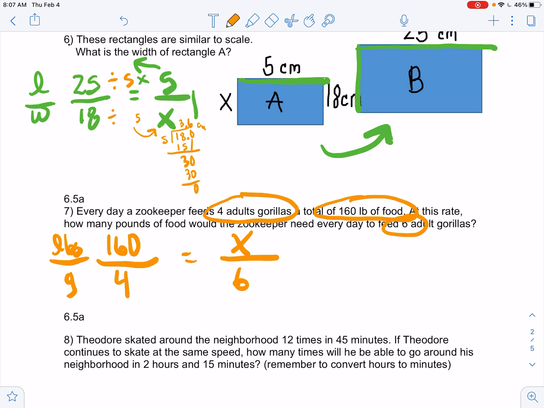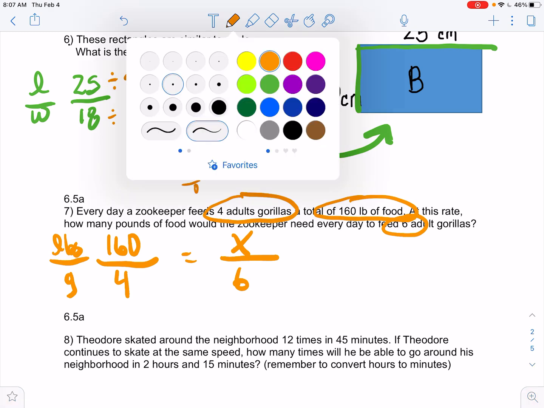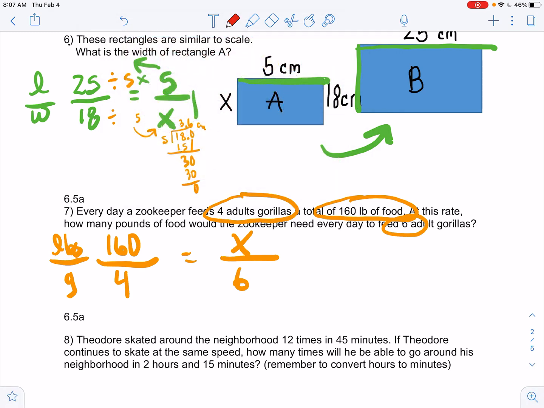Here, I know that if I can get 4 to 2, then I can make it equivalent to 6. So I'm going to simplify. Half of 160 is 80, and half of 4 is 2.